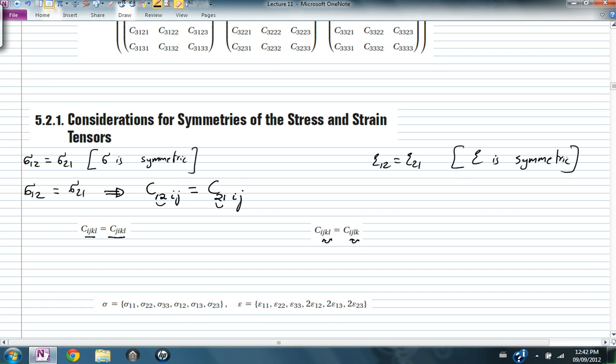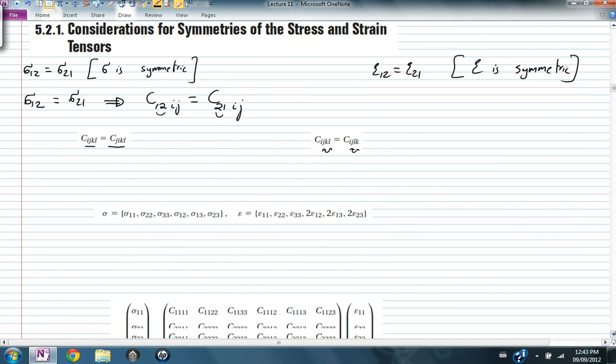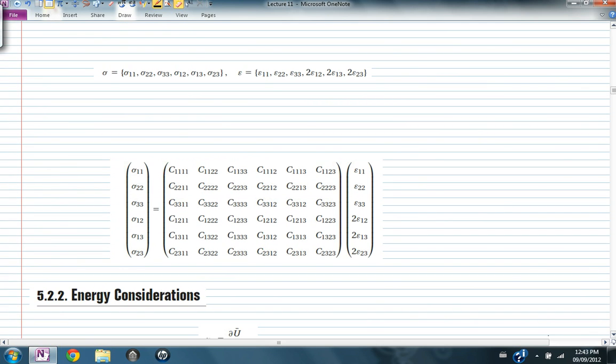Only for the sake of ease of notation, instead of using this huge matrix of 81 components which already have equal values, because we already know that C1211 has to be equal to C2111 and C3223, for example, has to be equal to C3232.